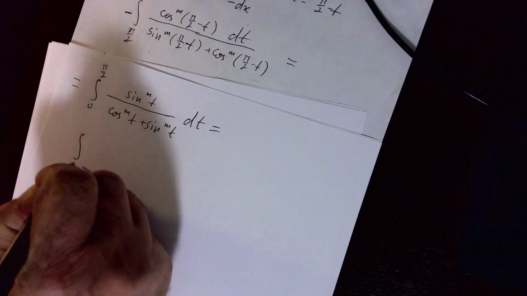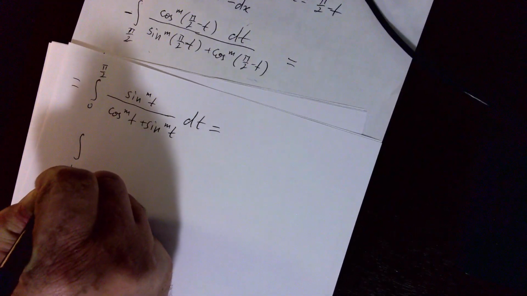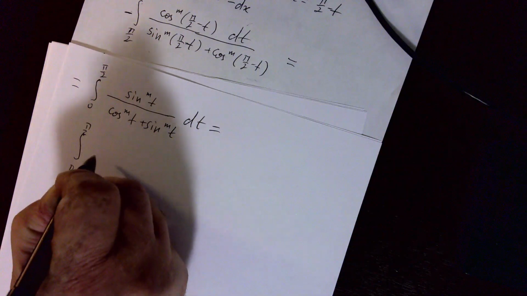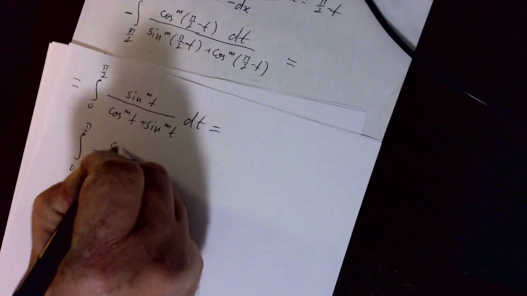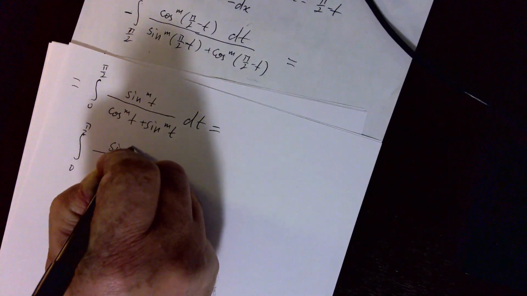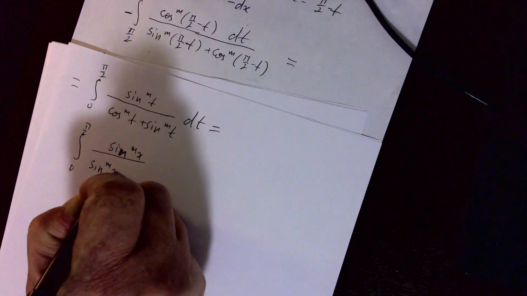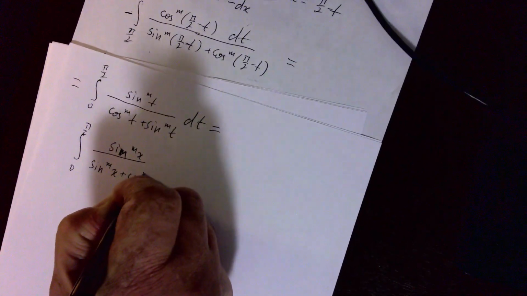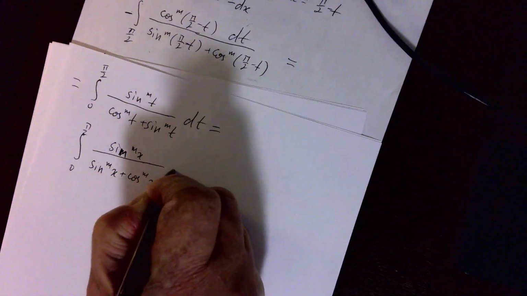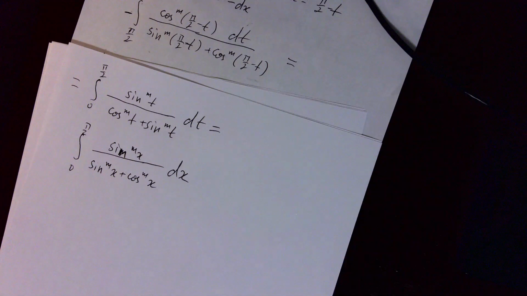I can write it again as the integral from 0 to pi over 2 of sine to the power m x over sine to the power m x plus cosine to the power m x dx. The important thing is that the variable under the sign of the integral and after d must be the same. But what we have is the same integral that we started with.